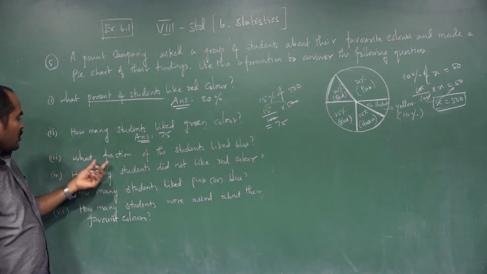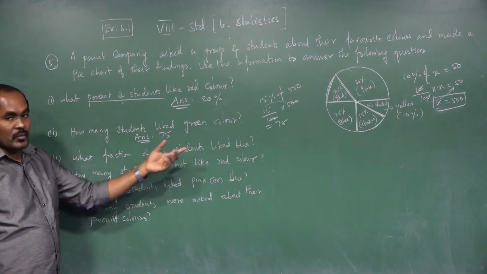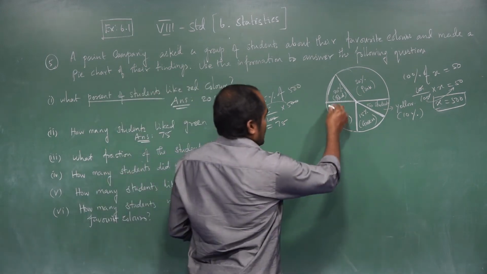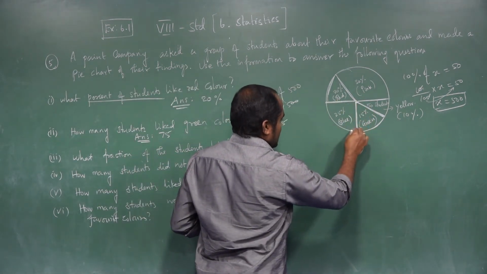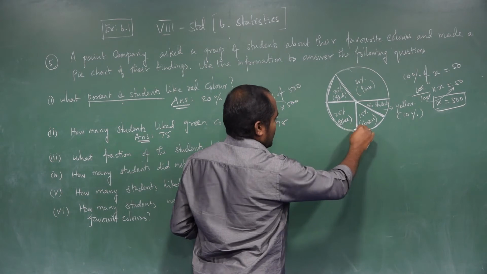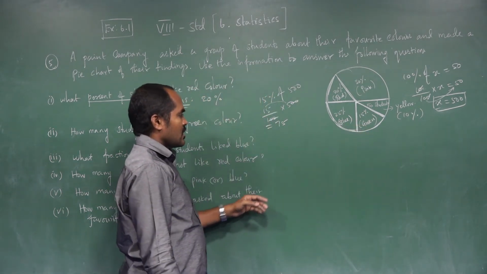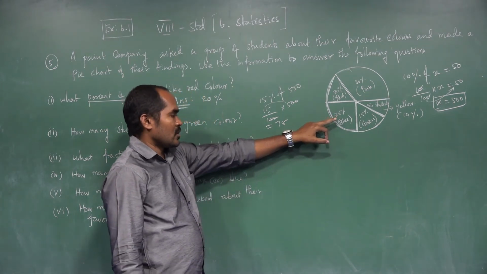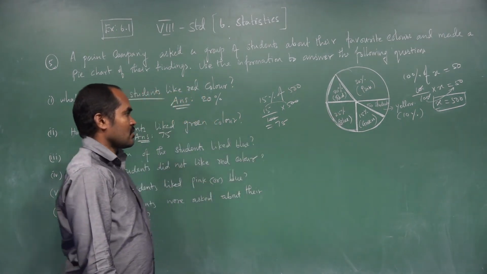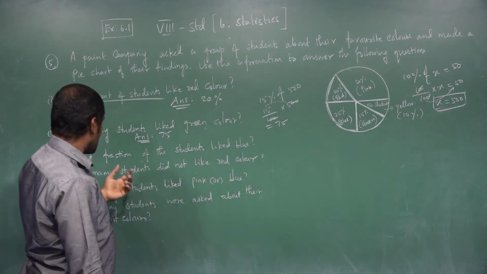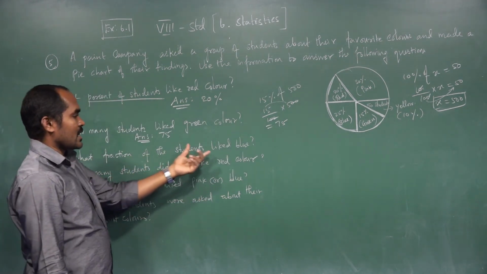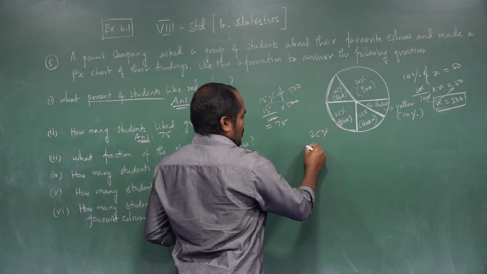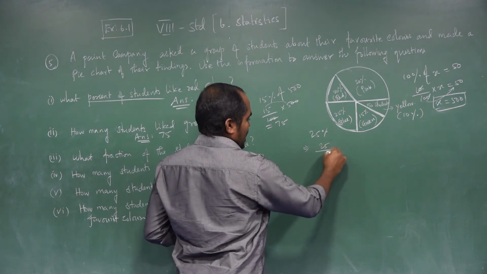Next, what fraction of the students like blue? Listen here. In the given pie chart, this sector region represents the percentage of students whose favorite color is blue. So 25% of students' favorite color is blue. Our question is, what fraction of the students like blue? 25% means 25 by 100.